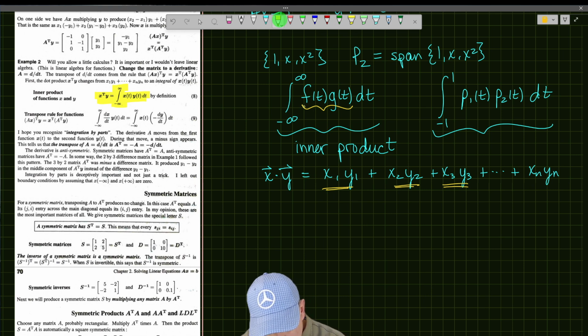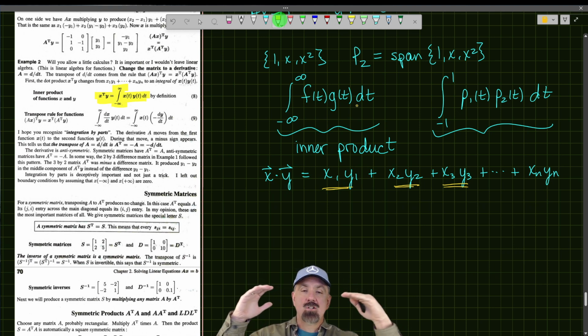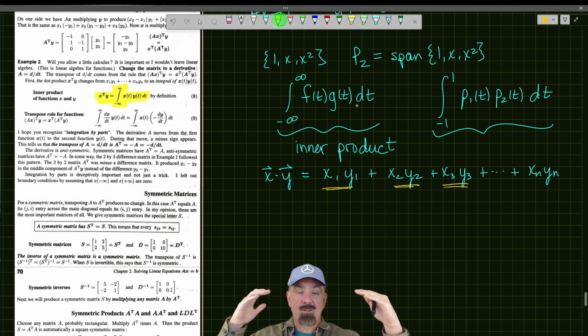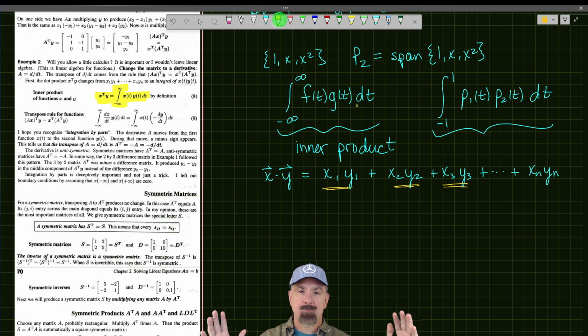And so this is multiplying the two functions, the two vectors, which are functions, at each value across their domain.